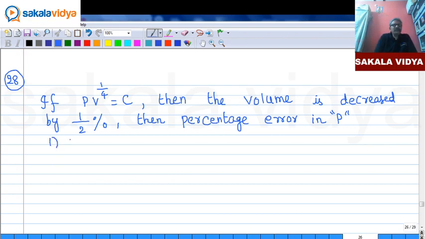First option is 1 by 4, second option is 1 by 8, third option is 1 by 2, fourth option is 1.